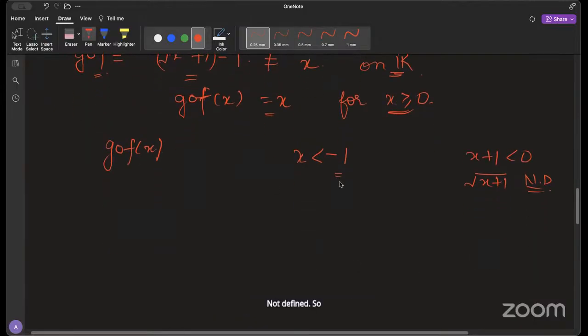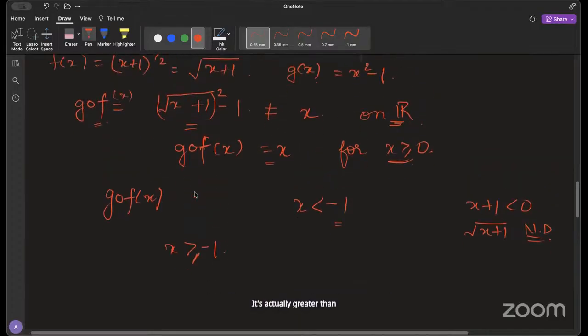So to avoid this, we'd want our x to be greater than or equal to -1. That's where your GOF is defined. If you look at this function, we need to find the domain of this function.